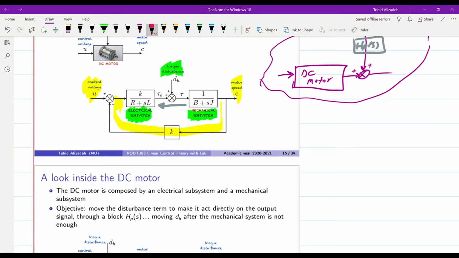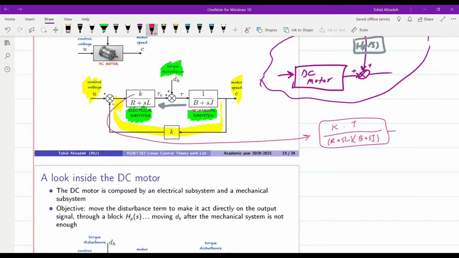But we have here K over R plus SL, which will be multiplied by 1 over B plus SJ.